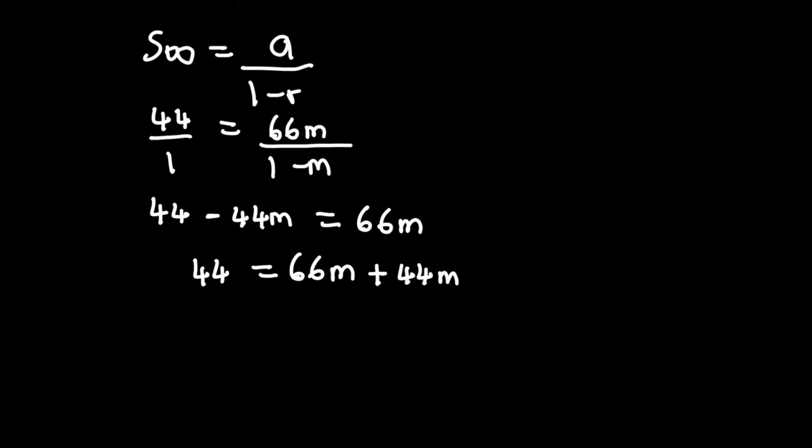So 44 equals, when we add this up, 110m, and in order to find m, we have to divide by 110 on both sides, where we're going to have m as 2 over 5.